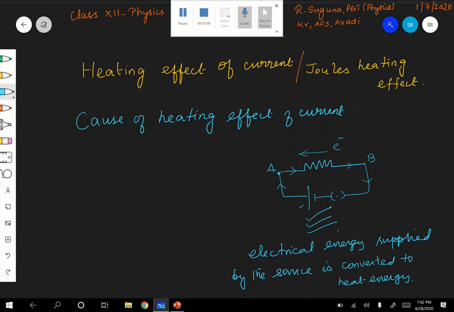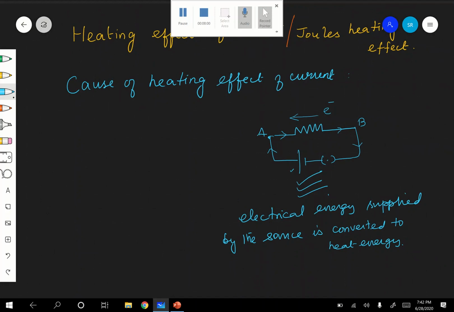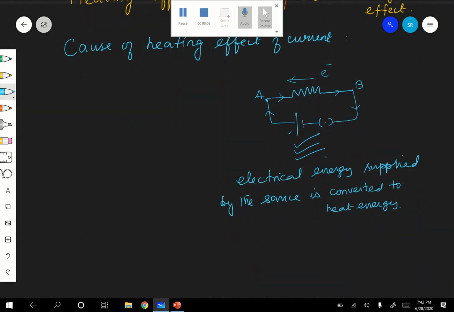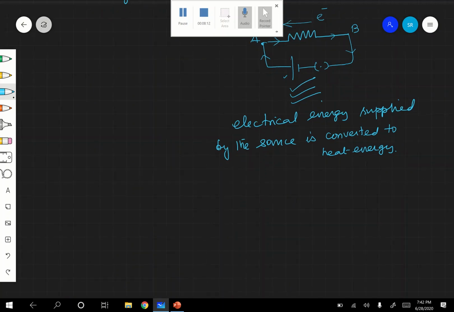Okay, now whatever electric energy you are supplying to pass a current through a conductor, partially that energy will be converted into what is called heat energy. So now we are going to see the expression for heat produced in a conductor by the electric current.